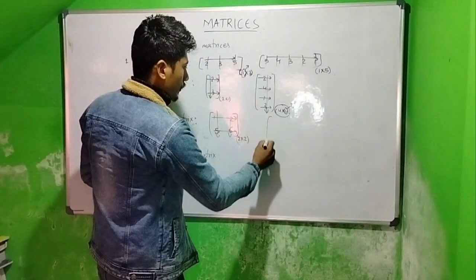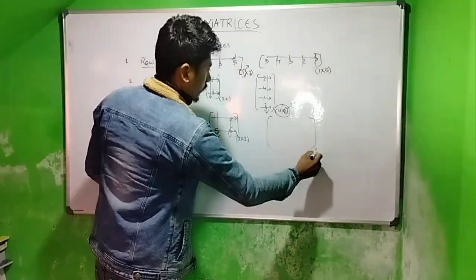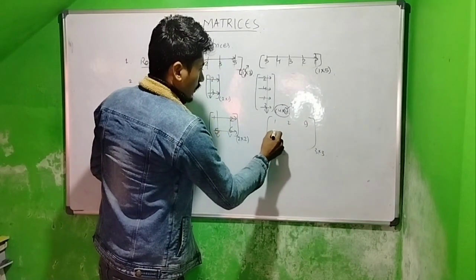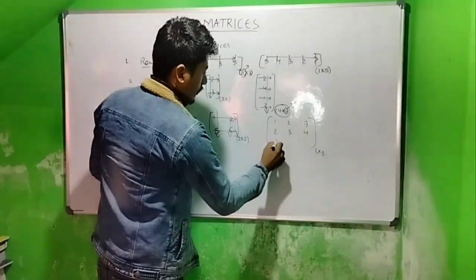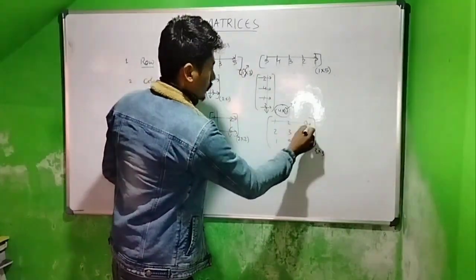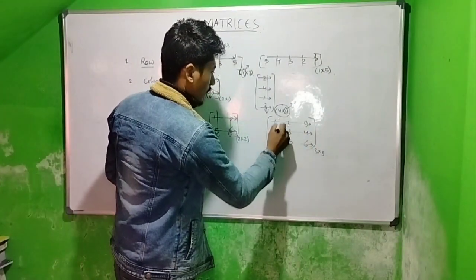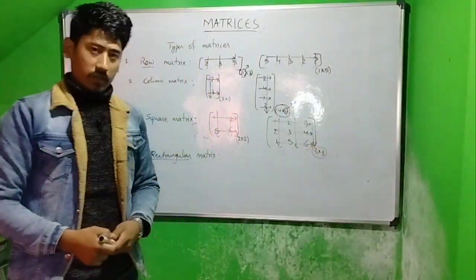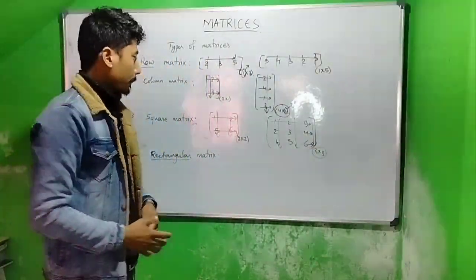And similarly, if you take a matrix of order 3 by 3, then you have 9 elements, 4, 2, 3, 4, 1, 5, 6. So there are 3 rows and 3 columns. That's why its order is 3 by 3.